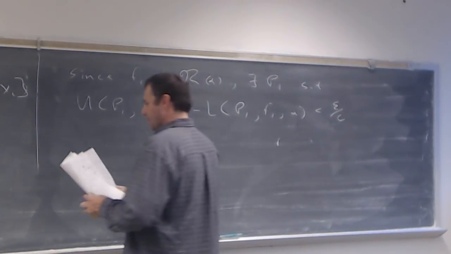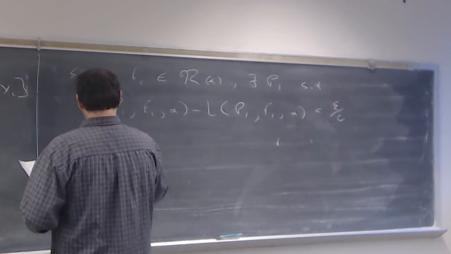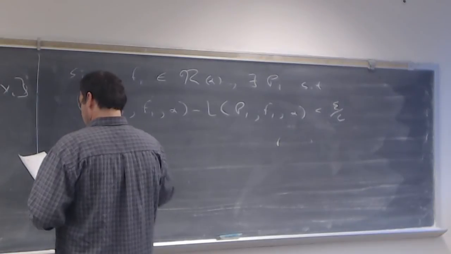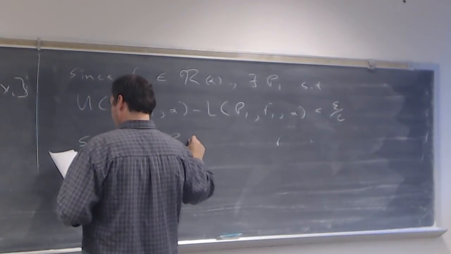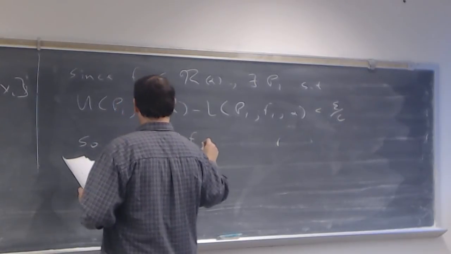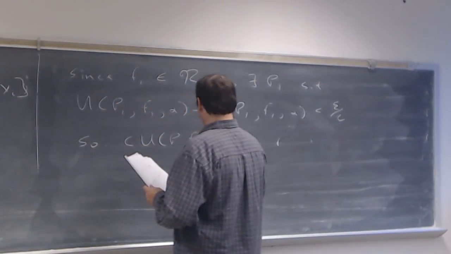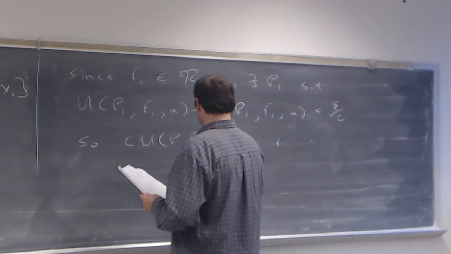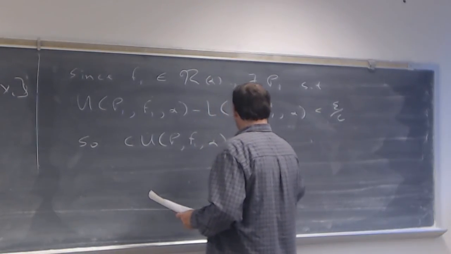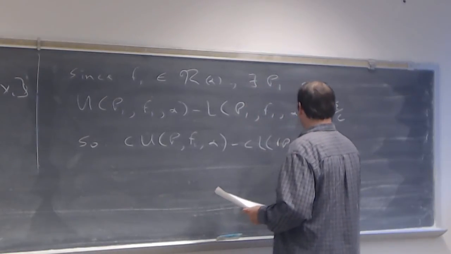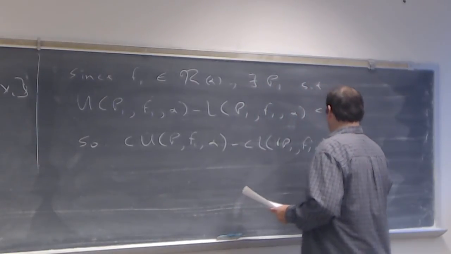That's why I can do that. So that's going to force C times the upper sum from P_1 of f_1 alpha, so I'm multiplying everything by C, minus C times the lower sum of P_1, f_1 alpha to be less than epsilon.